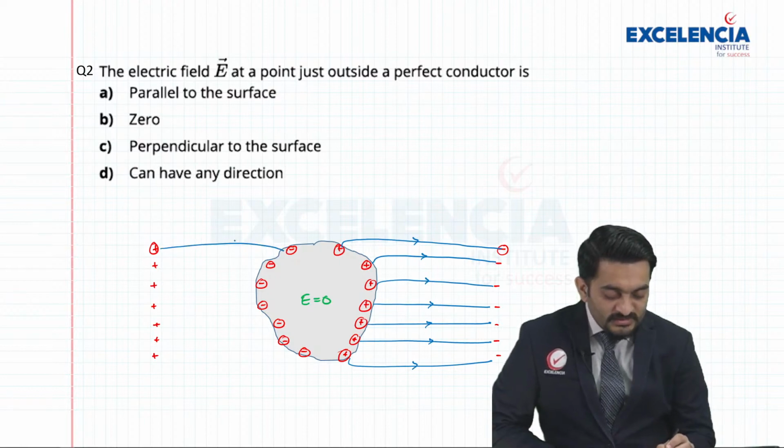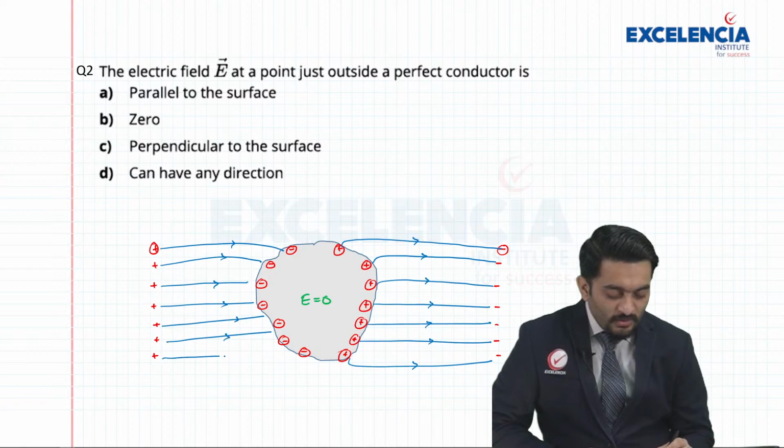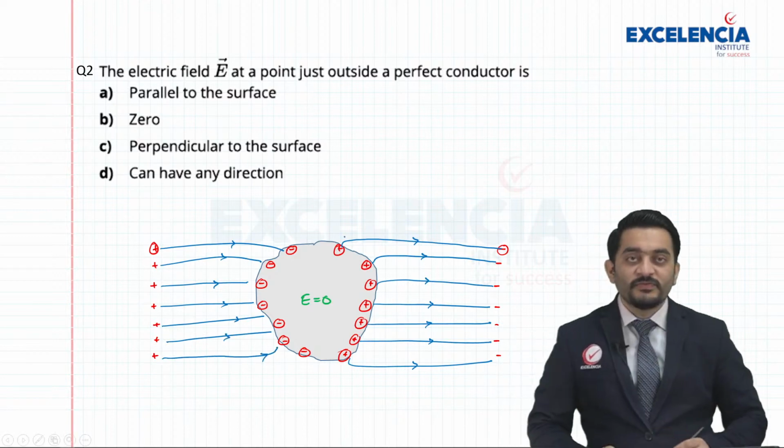Whenever the electric field is perpendicular, there will be no component you can draw on the surface of a conductor.